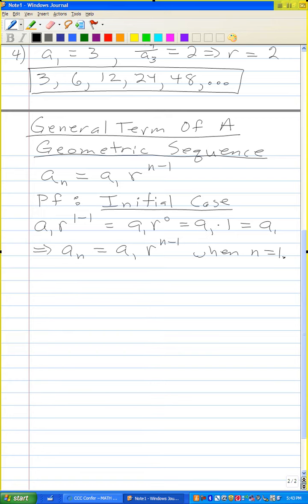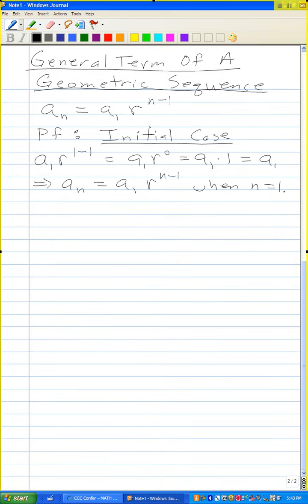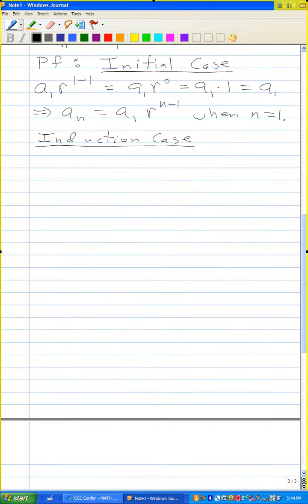So let's look at the induction case. Let me suppose that a sub k is equal to a1 r to the k minus 1.